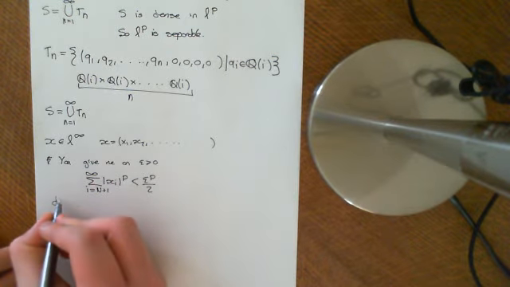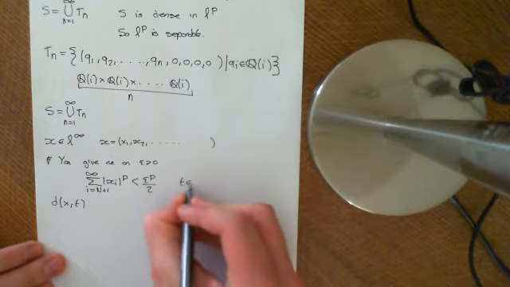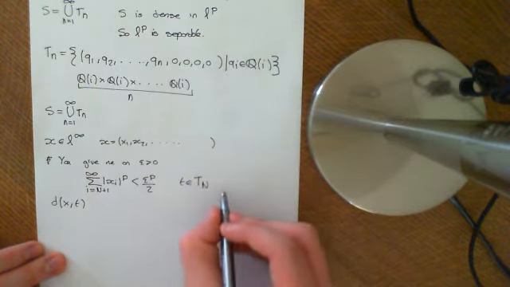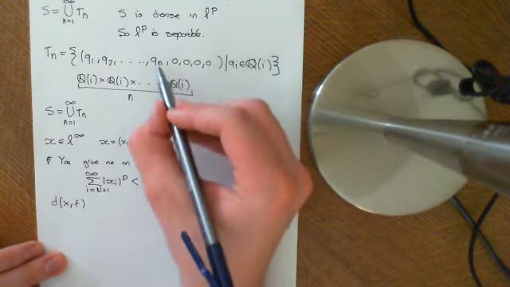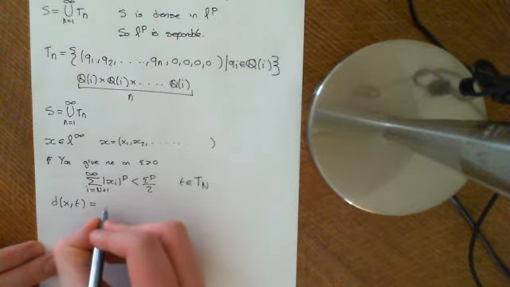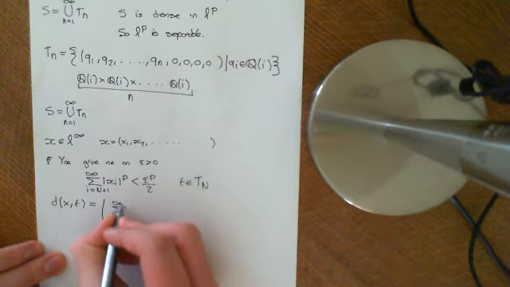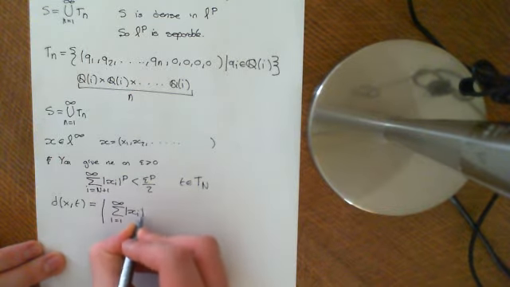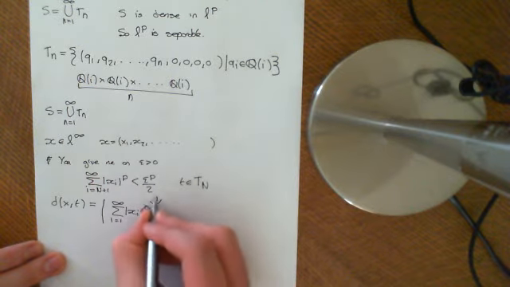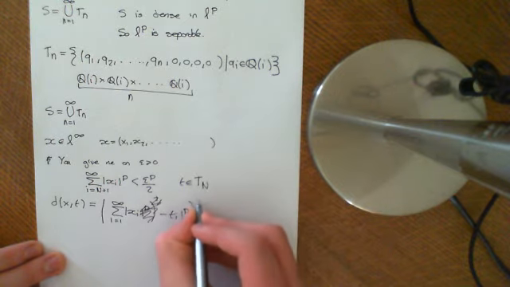Then, if I take the distance between x and an element t, where t is an element of T_N, so it's some sequence of Gaussian numbers up to the big Nth term, then this is going to be equal to the sum from i equals 1 to infinity of the modulus of xi minus ti to the power of p, all to the power of 1 over p.